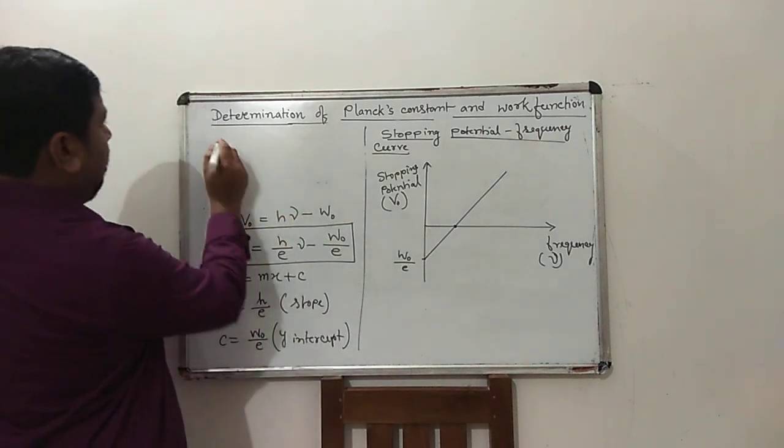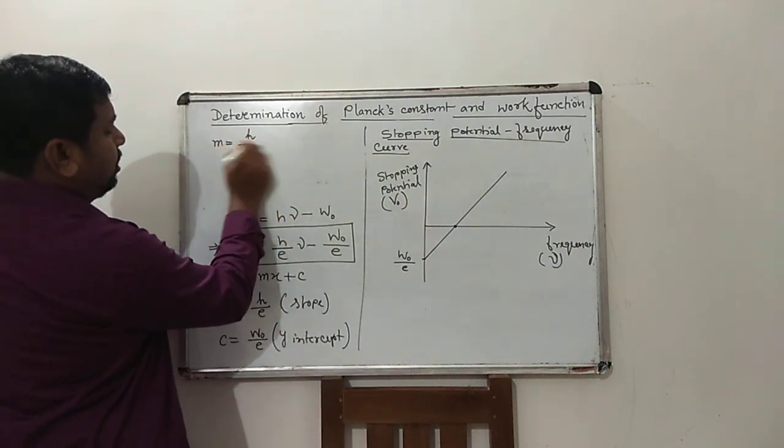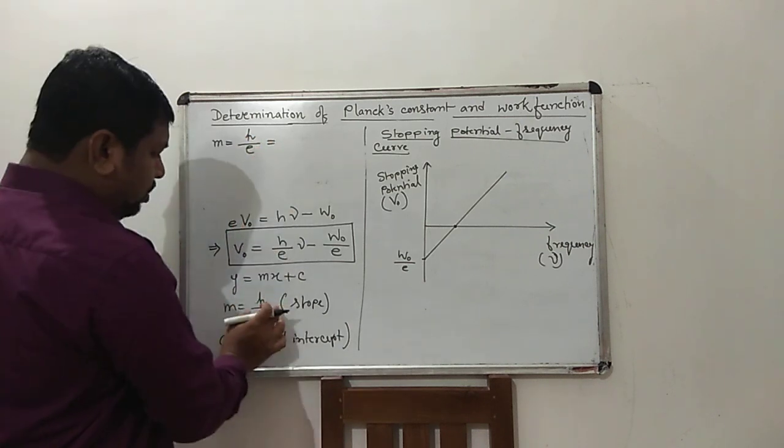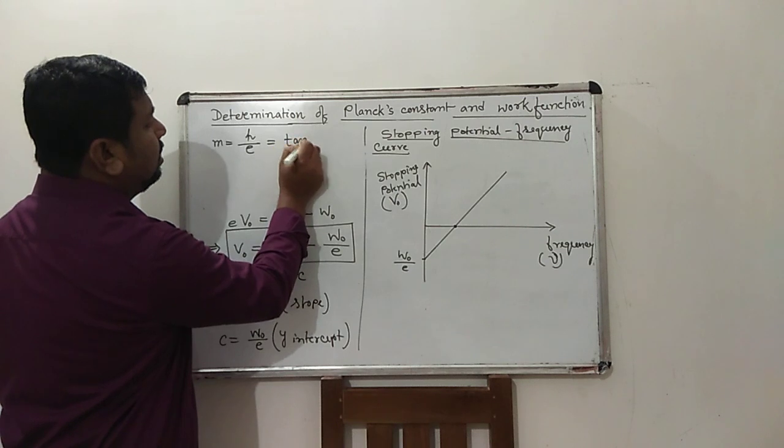suppose m equal to h by e, h means Planck's constant, and this is the slope, which means tan theta.